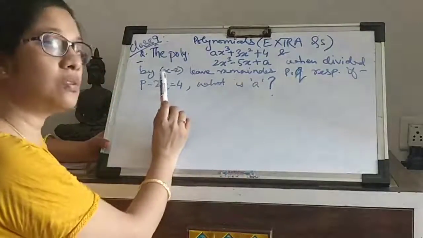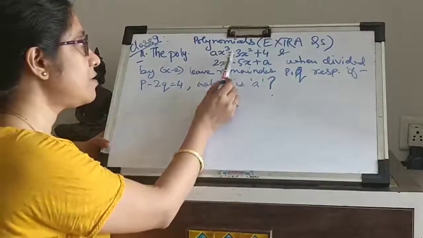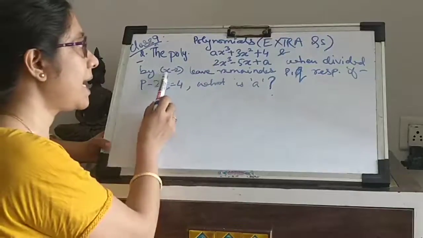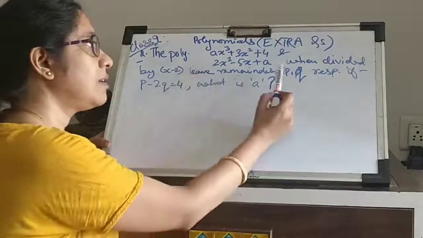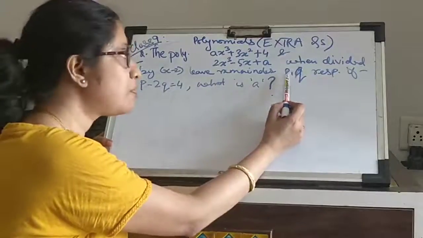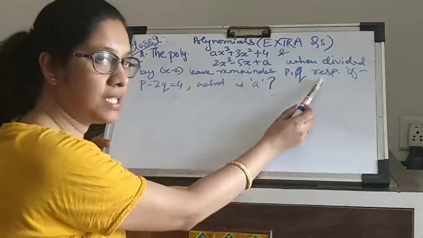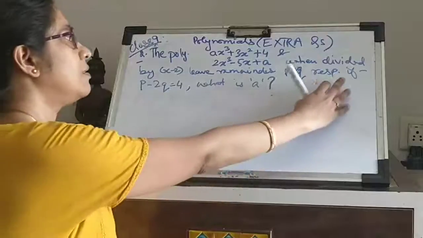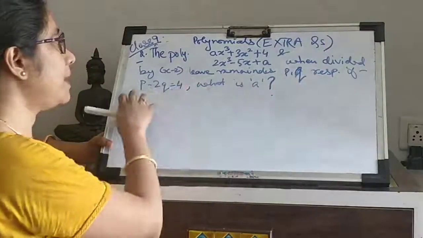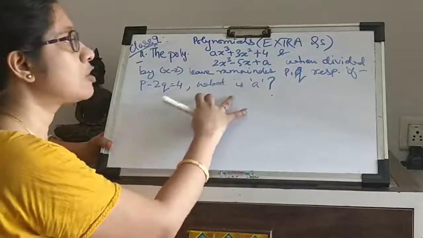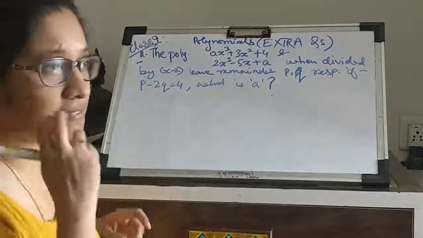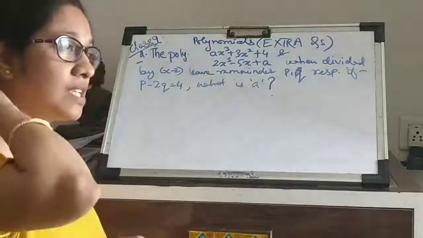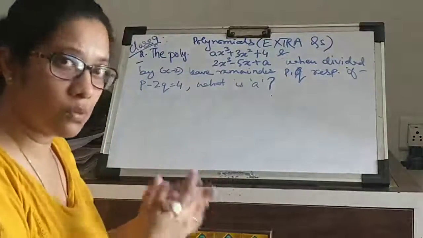Now what we are told is, if we divide these two polynomials by x minus 2, it leaves the remainders p and q respectively. And if p minus 2q is 4, what should be the value of a? So there are a couple of things given in the question which we have to figure out, collate and work on.